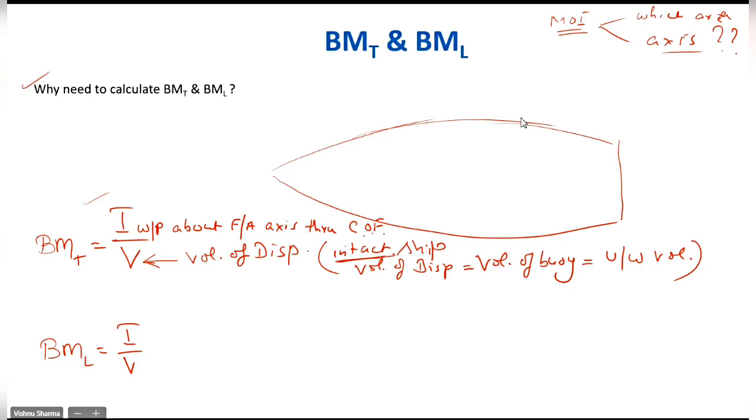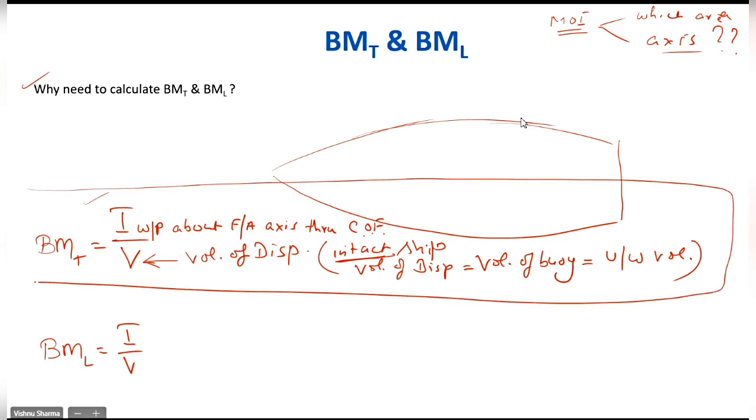V is the volume of displacement, and I have explained what we mean by volume of displacement. Guys, is the formula for BMT clear, or does anybody want to ask any questions on it?